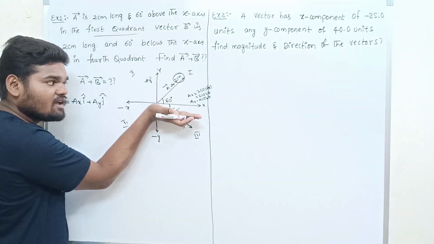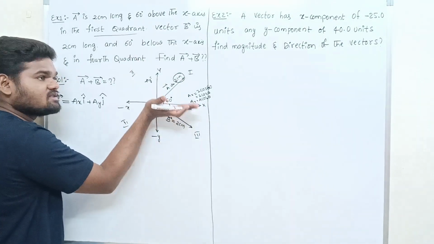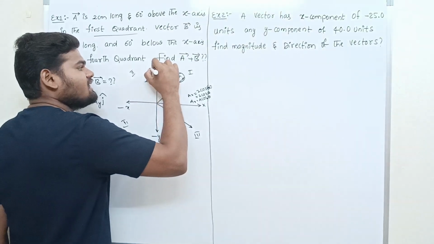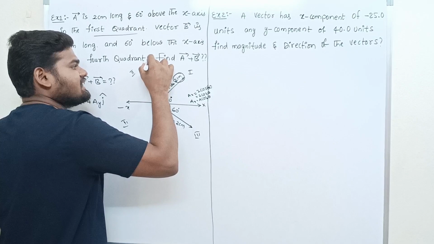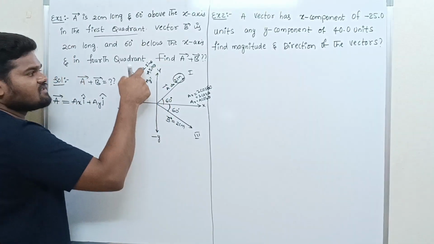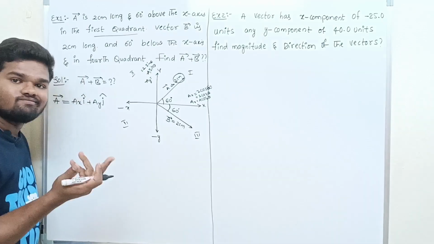And next, what do we have to do? Rotate this vector perpendicular to this. You will get A sin theta. The magnitude of A is 2 and the angle theta is 60 degrees. So Ay is equal to 2 sin 60. Any difficulty? No difficulty.